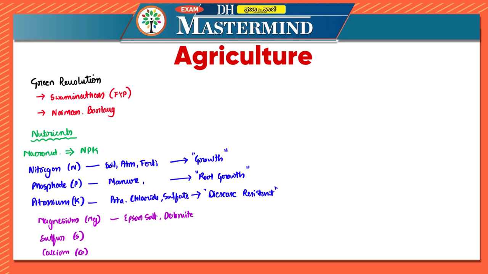These we have already seen in the geography part, in the type of the lands which are formed and the type of rocks, etc. So this is available in the rocks, you can consider. Now what is the help of magnesium? It helps in the chlorophyll formation.